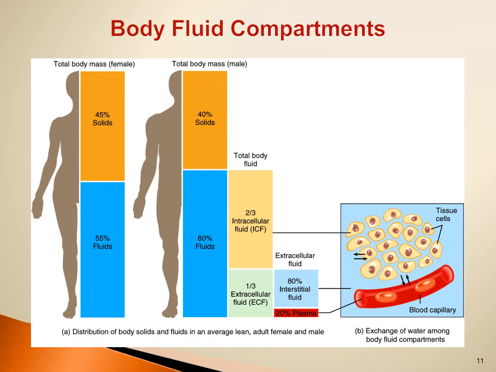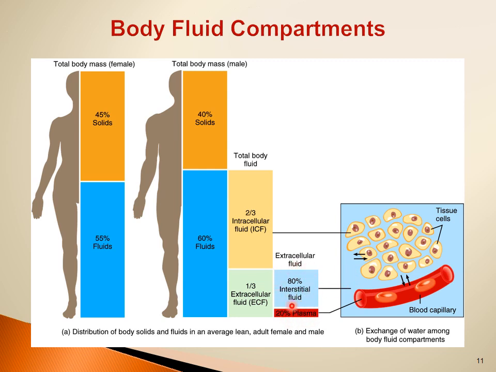Here we can see again a figure that shows that the body is composed of solid material and water, which comprises 55% of the total body mass in females and 60% of the total body mass in males. Of this total body water, two-thirds is present inside the cells, and only one-third is present outside the cells, either as interstitial fluid or plasma.